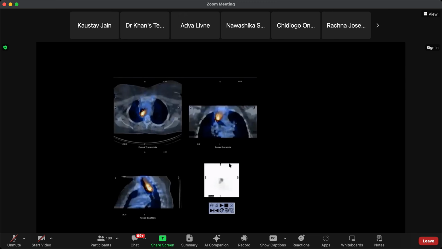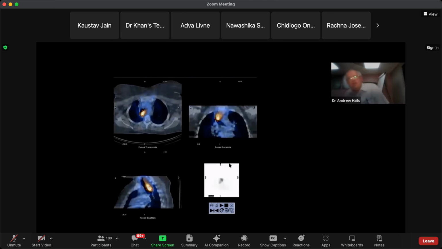This is a fused CT. Is it a SPECT? That's right, yes. That's what I wanted you to say, and it's correct. It's a SPECT CT image. I didn't want you to say it was a PET CT image because it isn't.